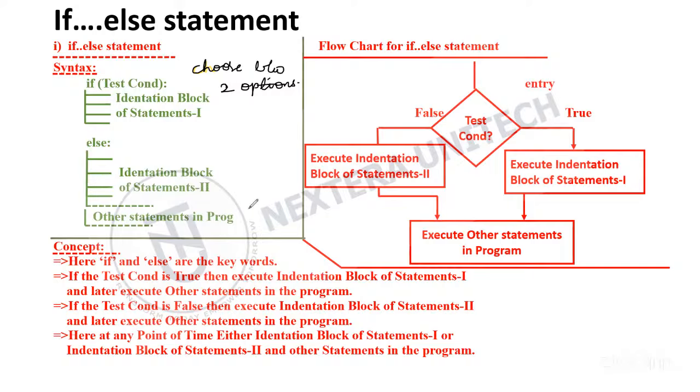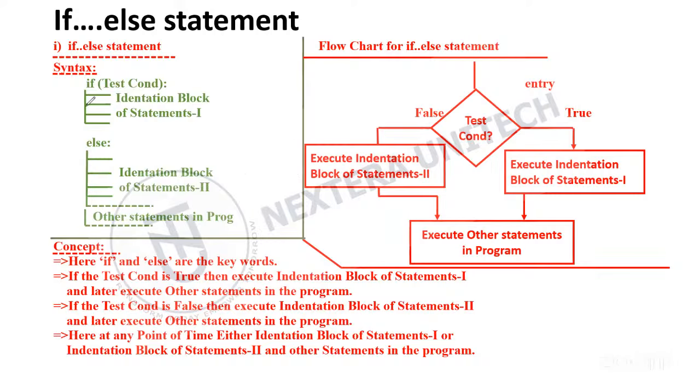If your age is greater than or equal to 18, you will be eligible to vote. Otherwise, you will not be eligible to vote, right? So there are two options here. Greater than or equal to 18, the eligibility is true, and else, that is less than 18, will be false, so they cannot vote.